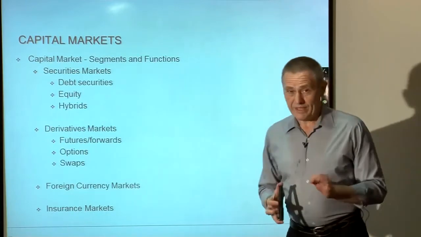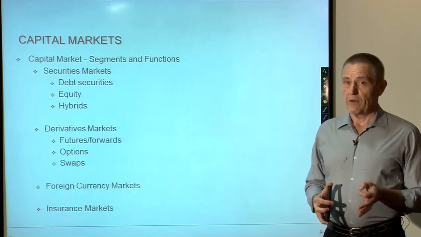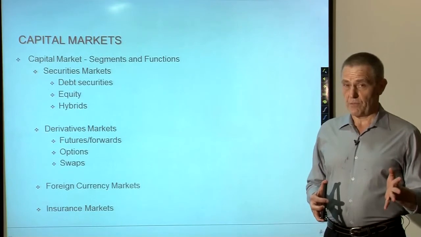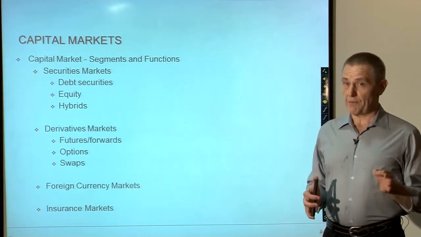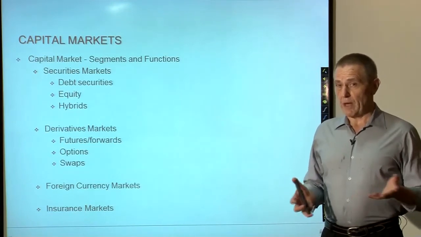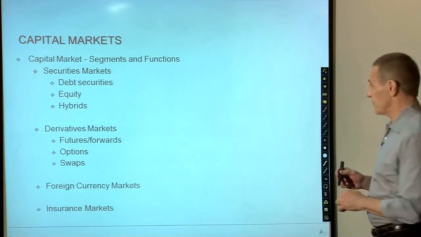So the broad segments of the capital markets I identified already: securities, derivatives, currencies, and insurance. But now let's look at those in context, as well as talk about the primary subsectors of each of those market segments, and a little bit about what investors and issuers use these markets for.